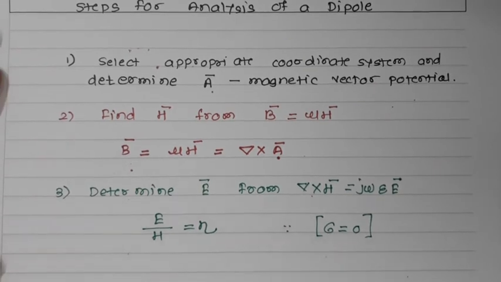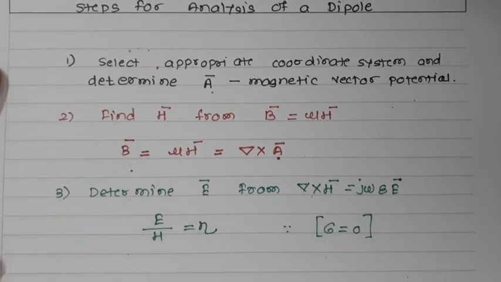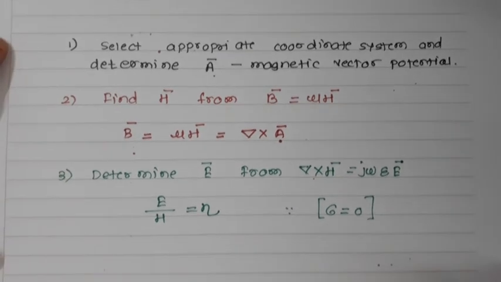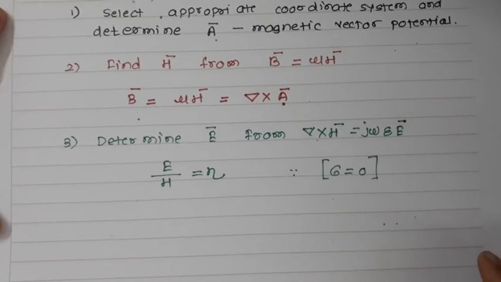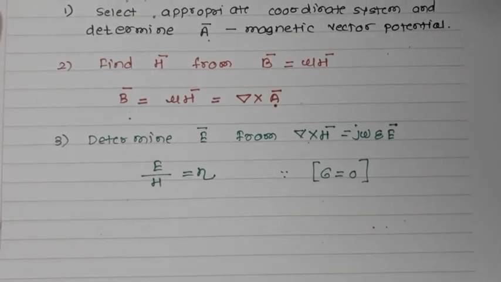Now the last step is to find out the radiation resistance. Now how you are going to find out the radiation resistance? Let us discuss how we can find out the radiation resistance using other parameters.